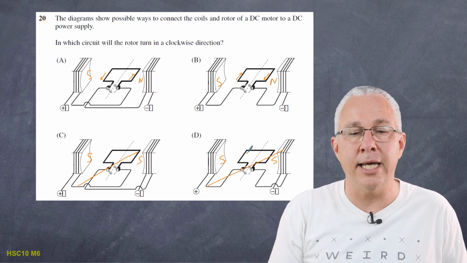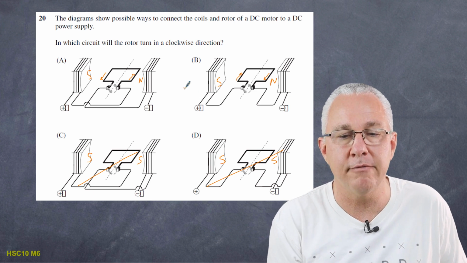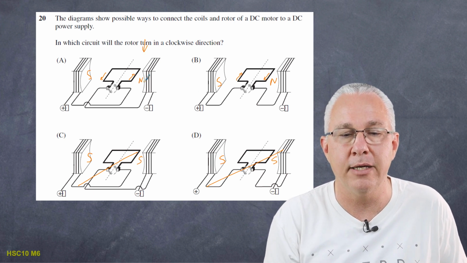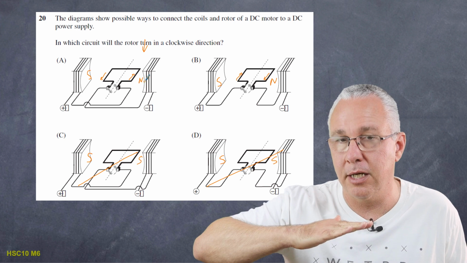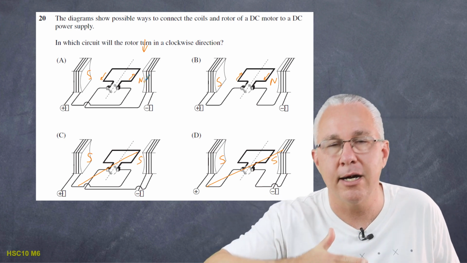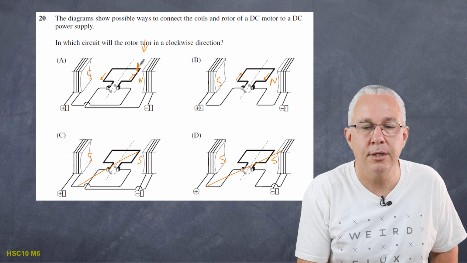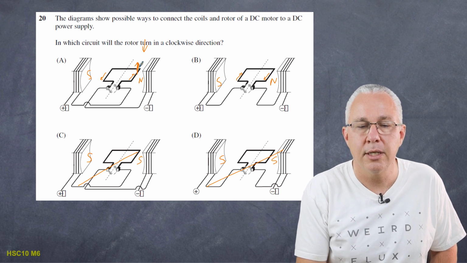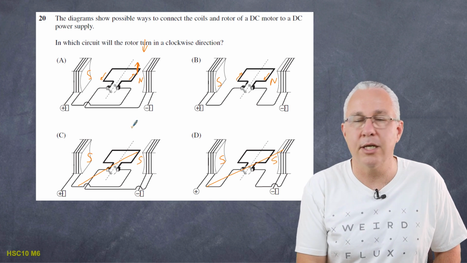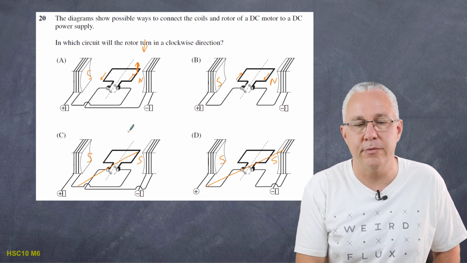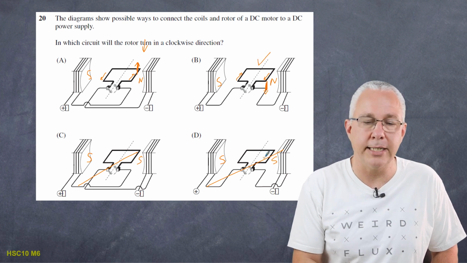Now looking at part A, and I'm just looking at the north aspect over here, I have my magnetic field going this direction. I have my current going in that direction, and that means I'm going to get a force that is in that direction. That automatically tells me this is going to go in a counterclockwise or anti-clockwise direction. Well, this is going to go, in this case, downward here, and therefore this is my correct answer.